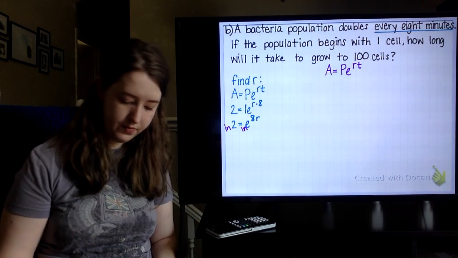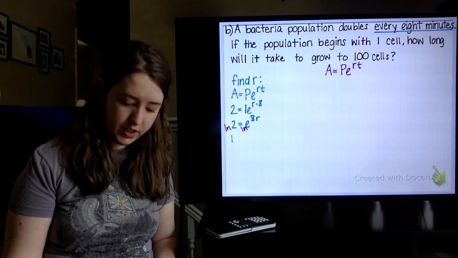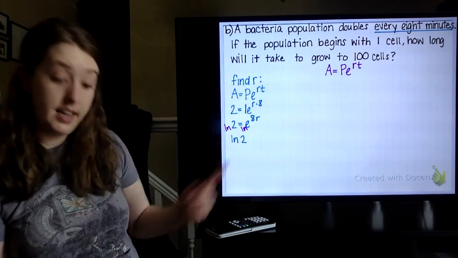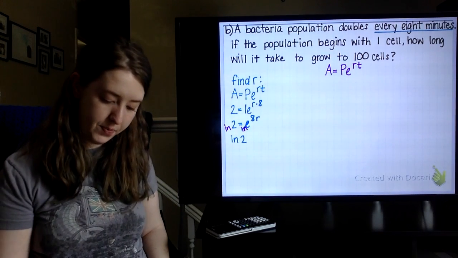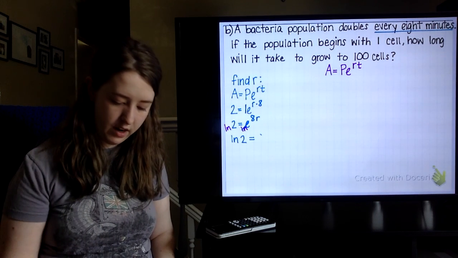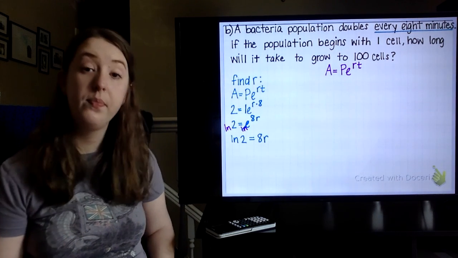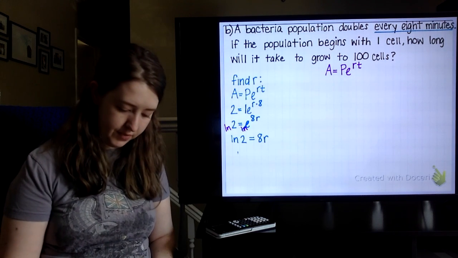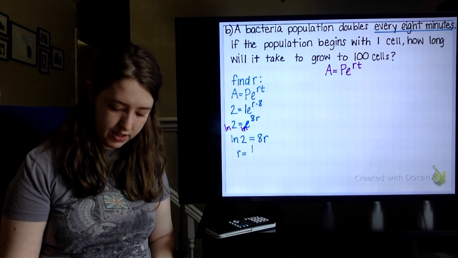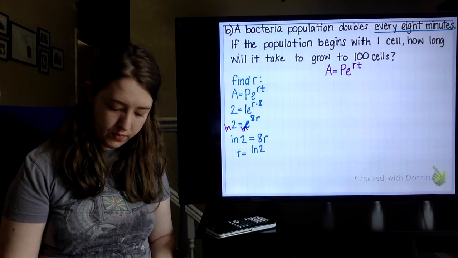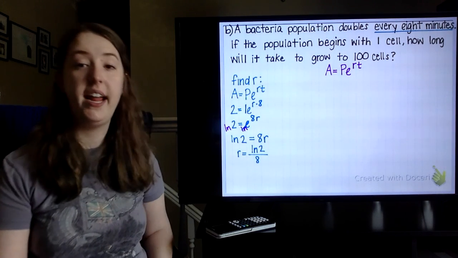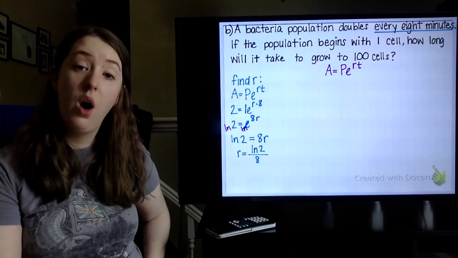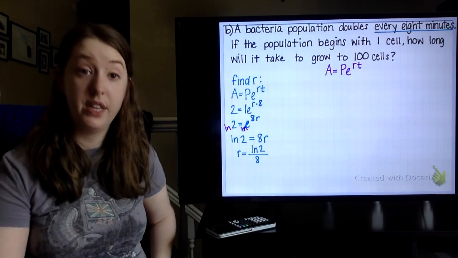The natural log of 2 is just the natural log of 2, and over here, the natural log and e cancel each other out, so we're just left with 8r. Then to get r by itself, we divide by 8. So r equals the natural log of 2 over 8. Leave it just like that, or you can put it into your calculator.